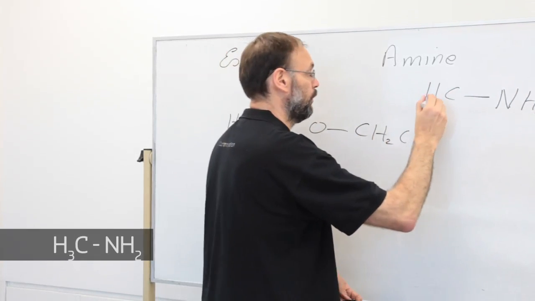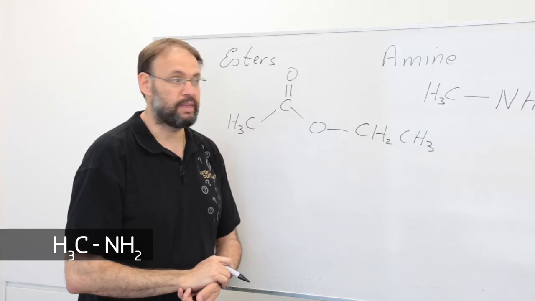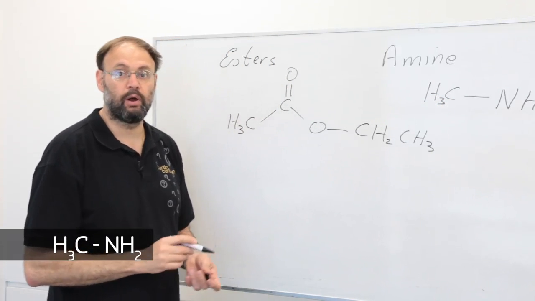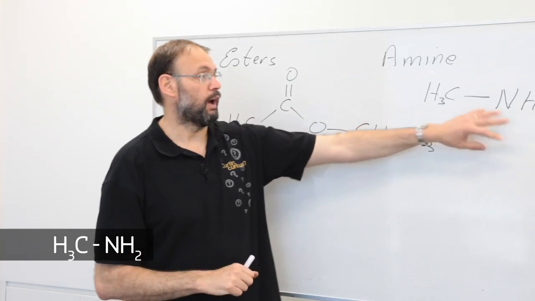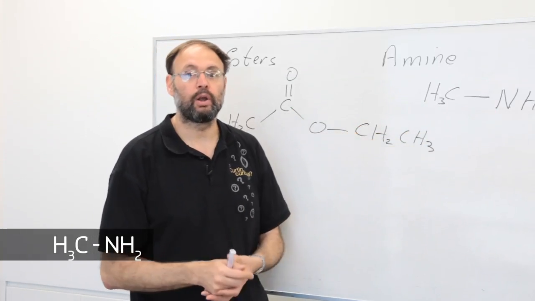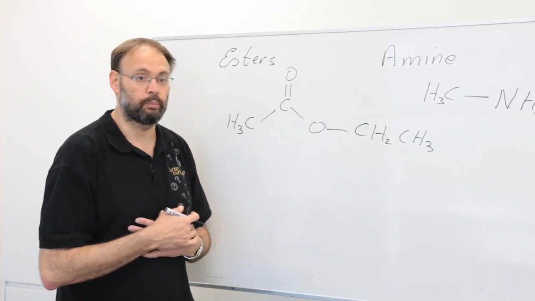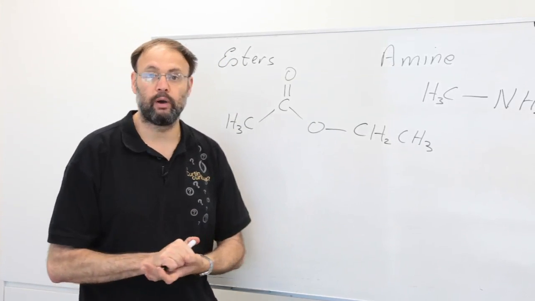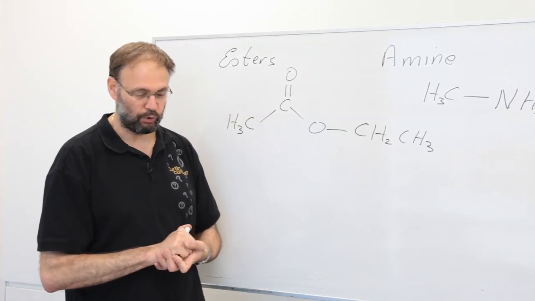So a simple example would be methylamine or methanamine as an example of an amine. Now, amines are derivatives of ammonia where one of the hydrogens has been replaced with a carbon group. You can have more than one hydrogen replaced, but that's something you'll learn about next year when you do your university studies.